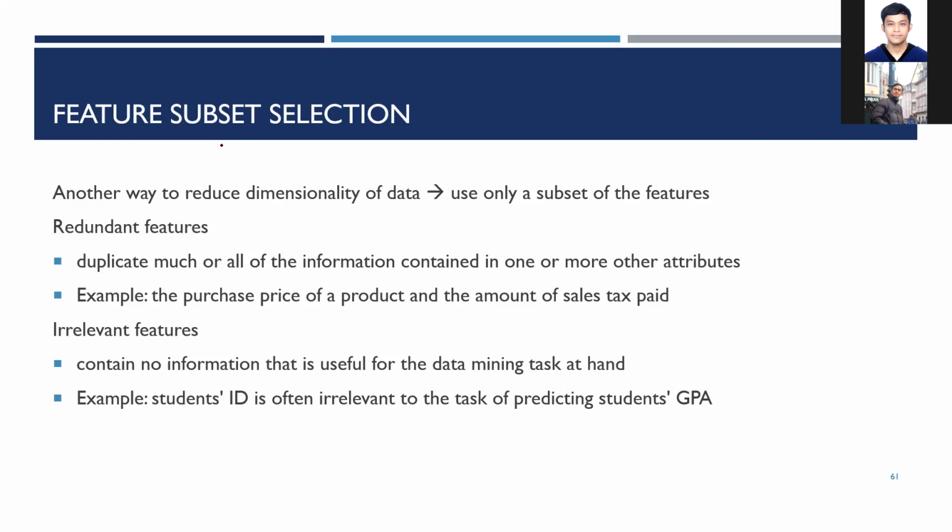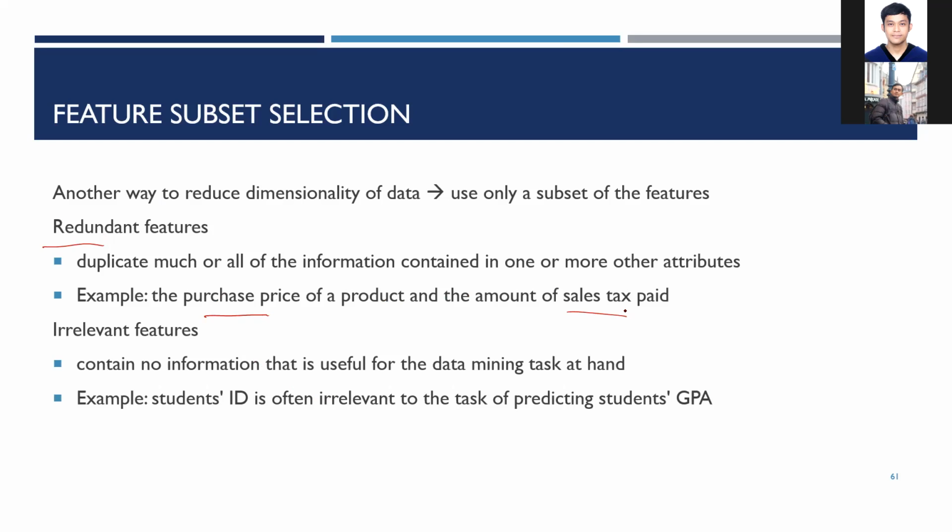In feature selection, first we can eliminate redundant features. Sometimes the features have redundant information. For example, the one I gave you: the purchase price of the product and the sales tax.